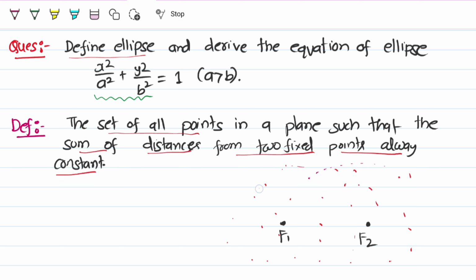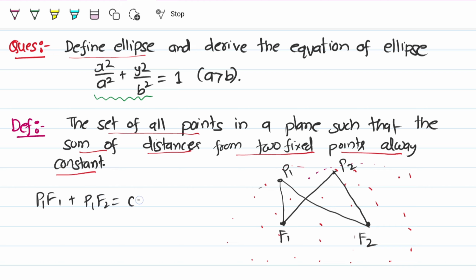For example, suppose here is one point P1, then P1F1 plus P1F2 equals some constant. Or this point P2, then P2F1 plus P2F2 is constant.